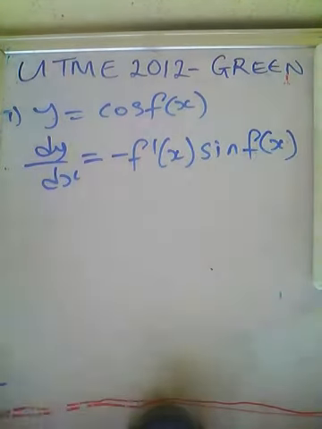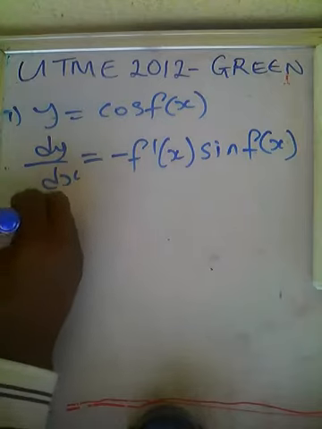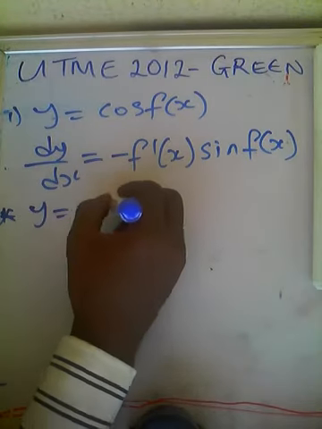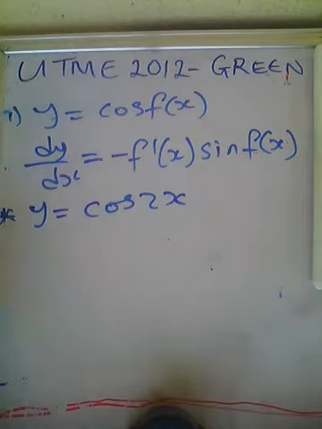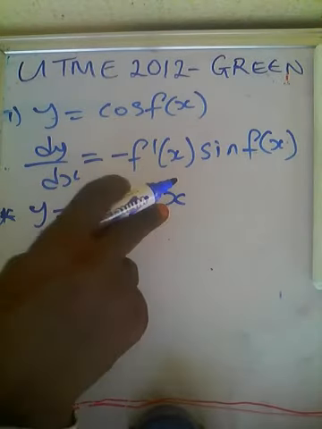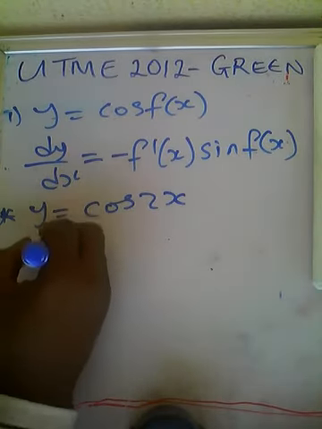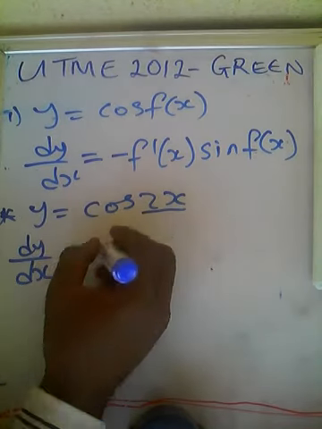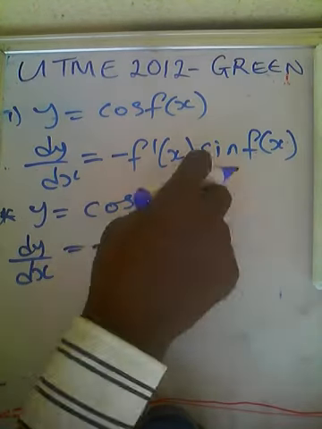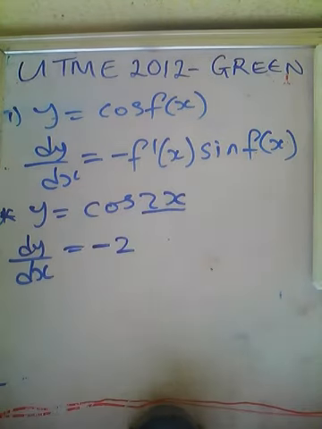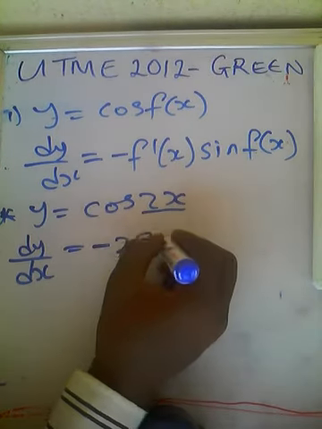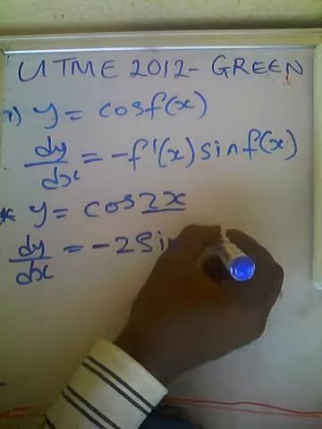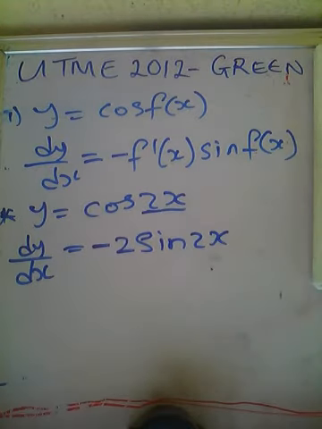What does that mean? It means that if we have y equals cos 2x, for instance, 2x is the function of x. So dy/dx will be equal to the derivative of this function of x, which is 2, with a minus, then sine function of x itself: minus 2 sine 2x.